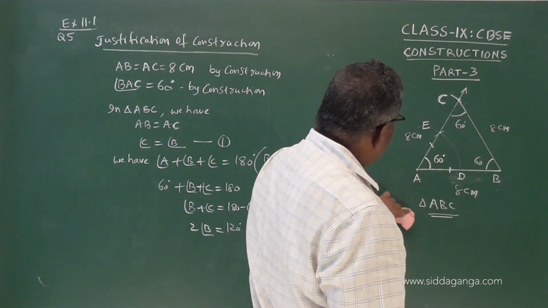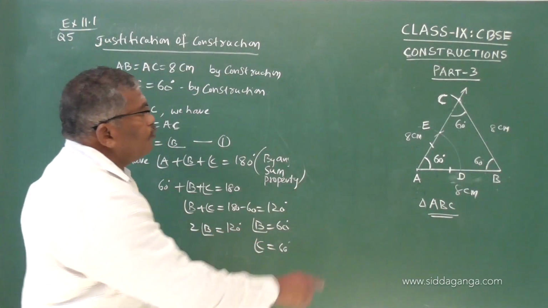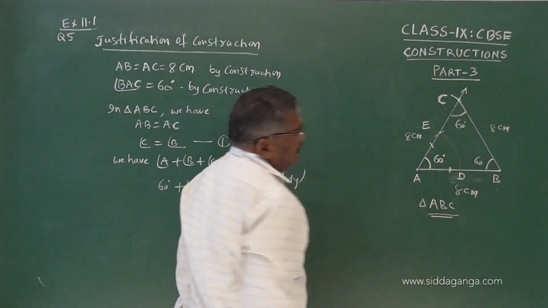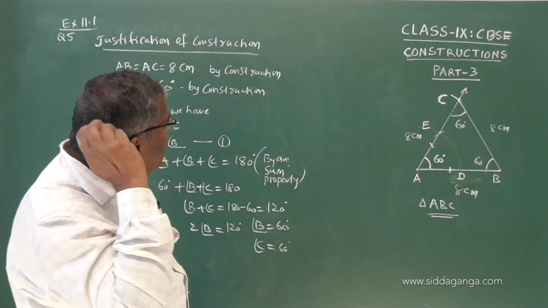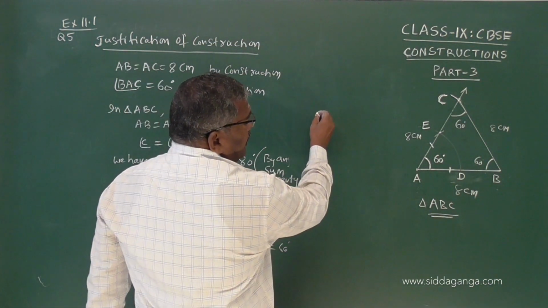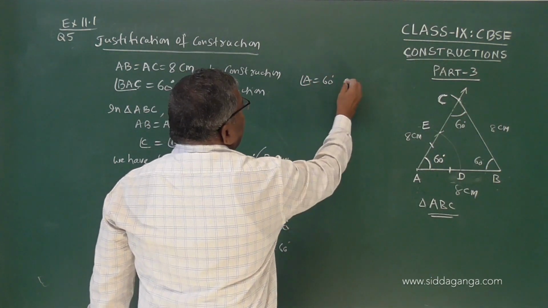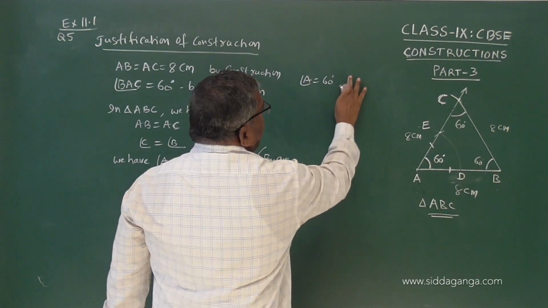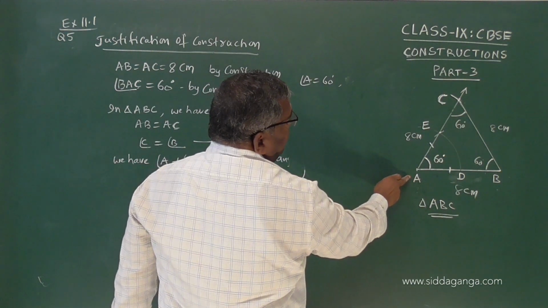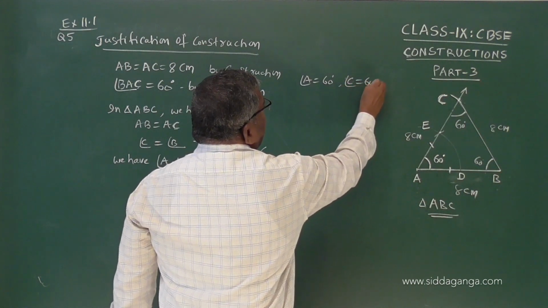So now we have to prove that BC is also 8 centimeter. We have proved that all three angles are equal. Angle A is equal to 60 degree, angle C is equal to 60 degree.